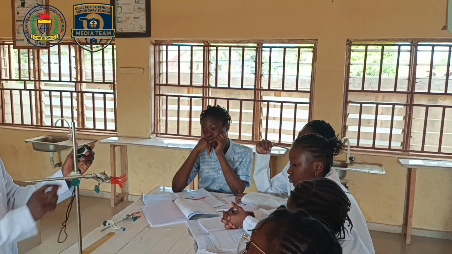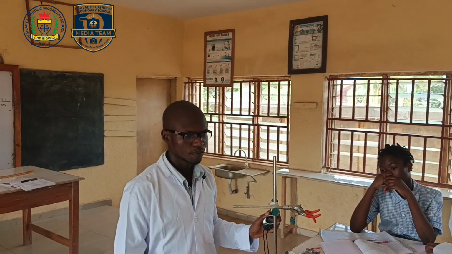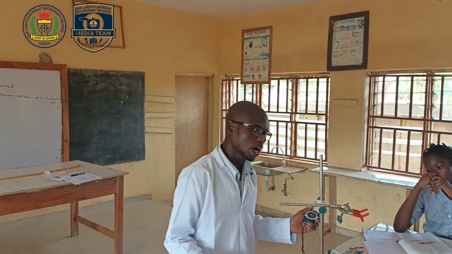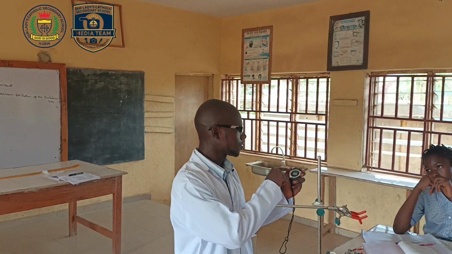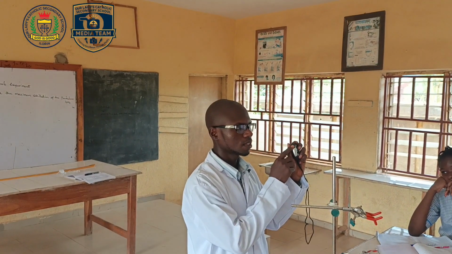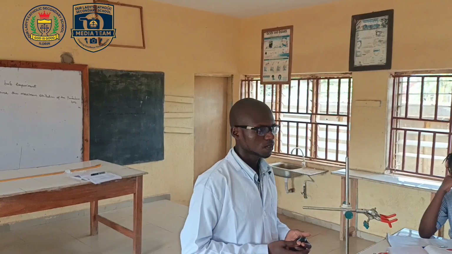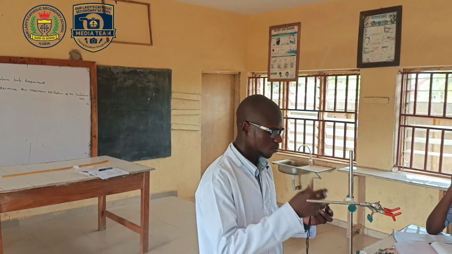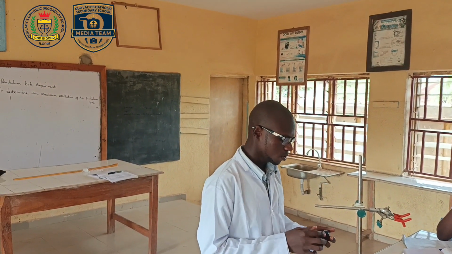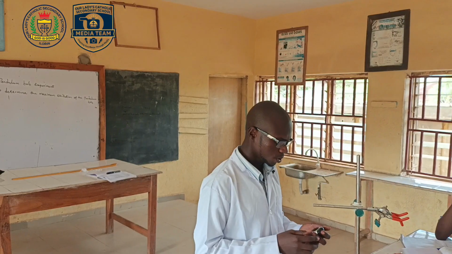Once you stop it, you take down the time. If you want to take another one, you come to this reset. So when you press the reset, you come back to 00. Then you start again, you stop like that. So that is how to use the stopwatch.